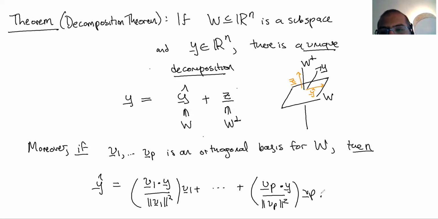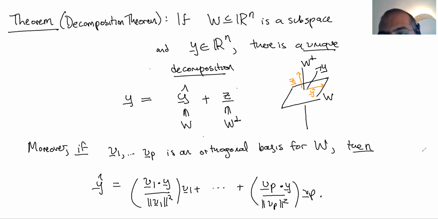The first part of the theorem is just saying there's a unique decomposition. There's no mention of a basis. This is just true for any subspace and its orthogonal complement. But if you do have a basis, you get a formula. For every orthogonal basis, you get a different formula, which always gives you the same answer.